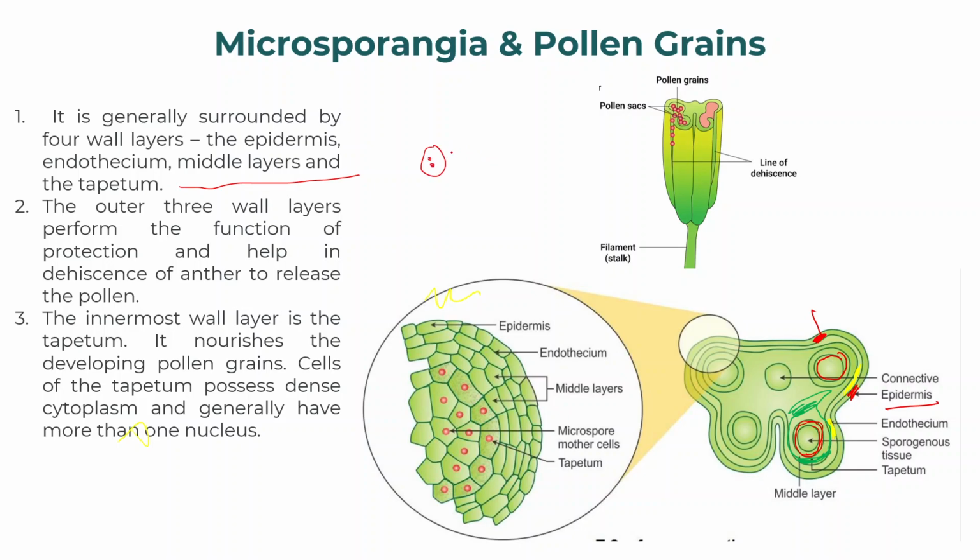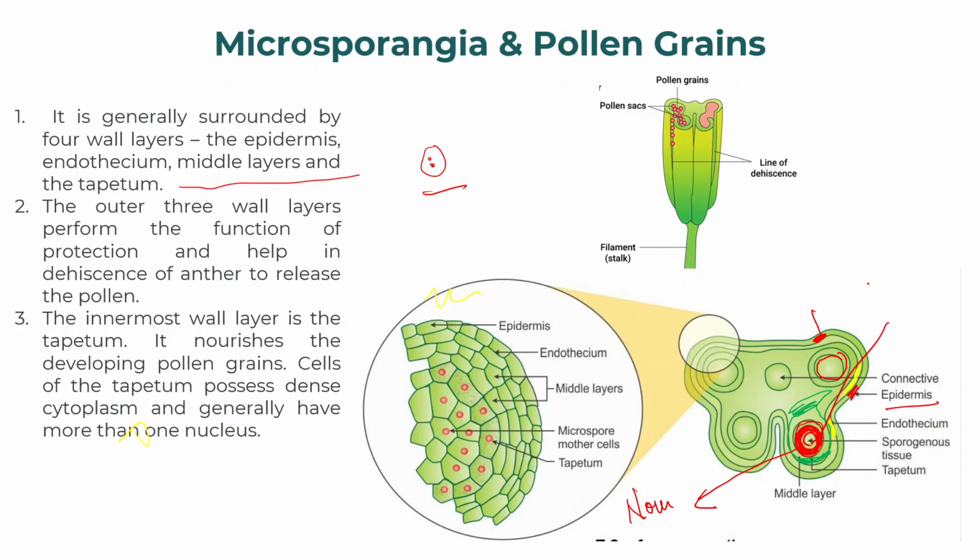I have already discussed it in the last video, although I have to discuss it here too, but yeah, you could see it in the last video. The outer three wall layers perform the function of protection. So the three layers are contributing only for protection, right? But as I told you, this tapetum has a special function: providing nourishment to the developing cells.